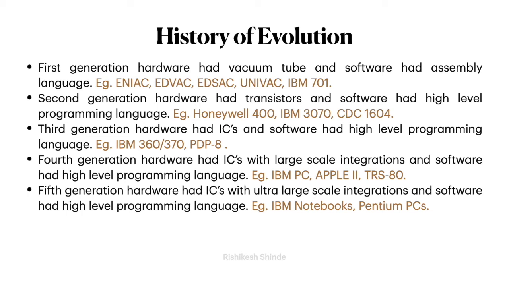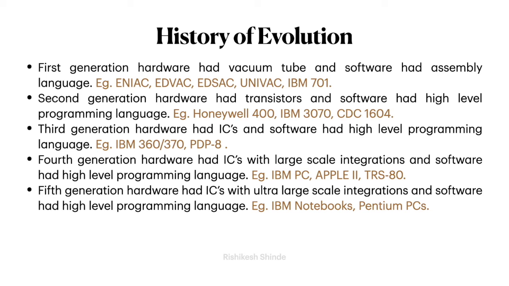Considering the fifth generation, it started in 1989 and is still going on. In the early days of fifth generation evolution, we had PCs like Pentium PCs and IBM notebooks. Nowadays we have even faster machines than IBM notebooks and Pentium PCs.